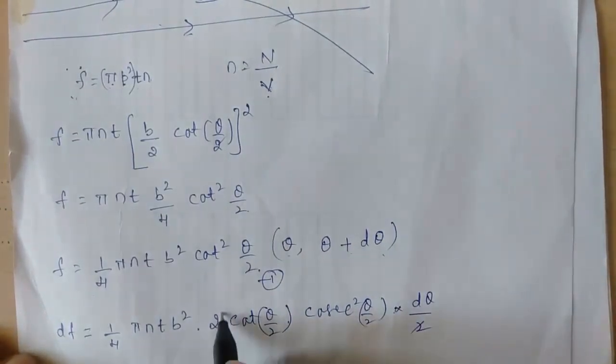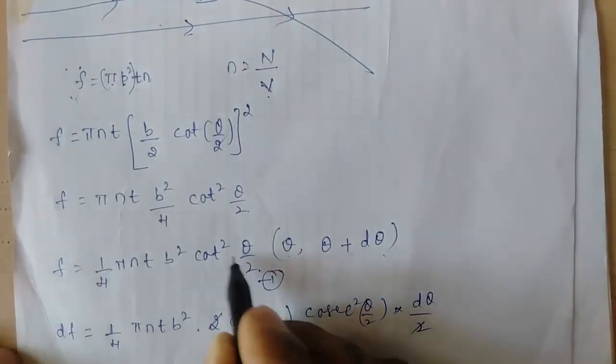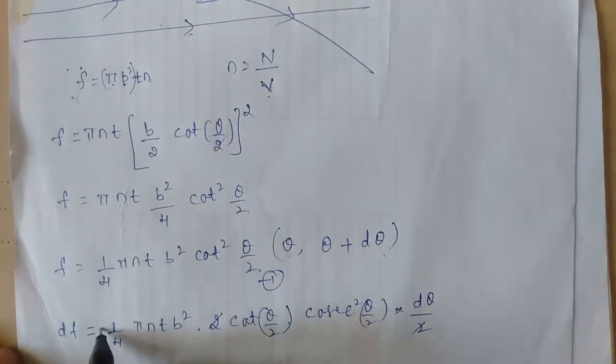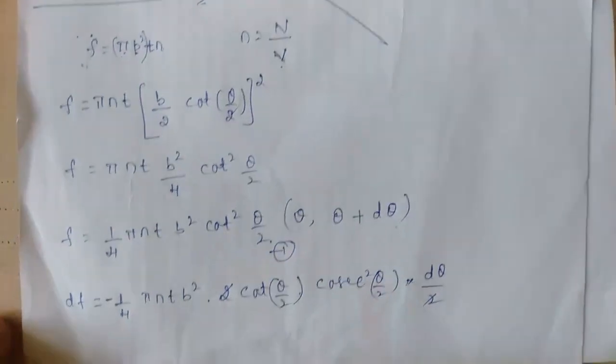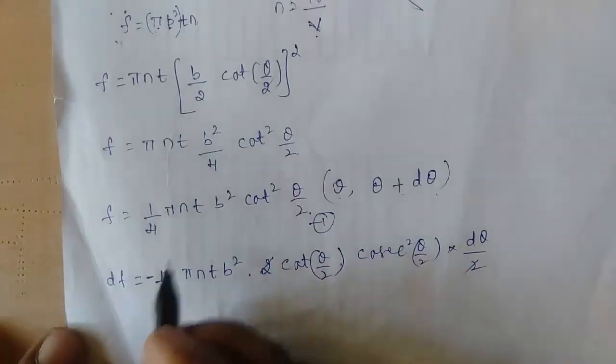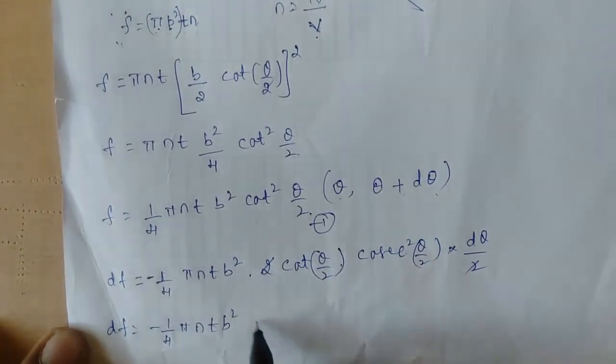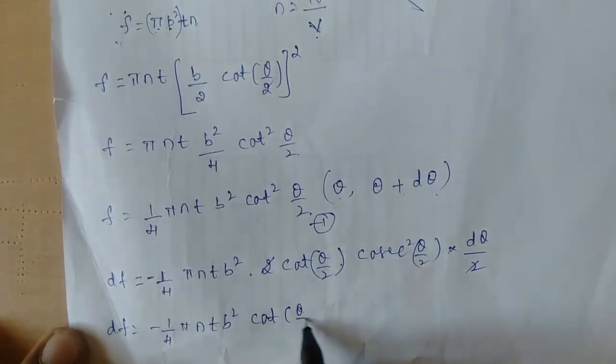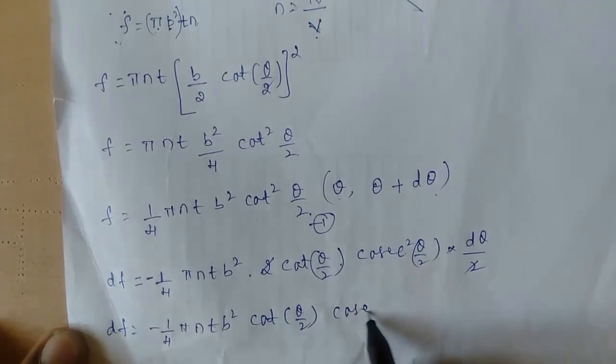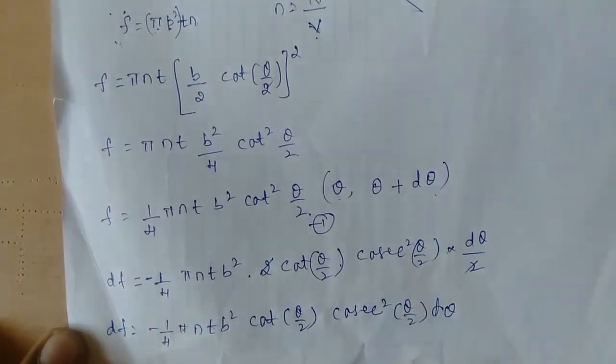So this 2 and this 2 get cancelled. Of course, when you differentiate cot square theta, you will have a negative sign here. Therefore df is equal to minus 1 by 4 pi N T b square cot of theta by 2 into cosecant square of theta by 2 into d theta.